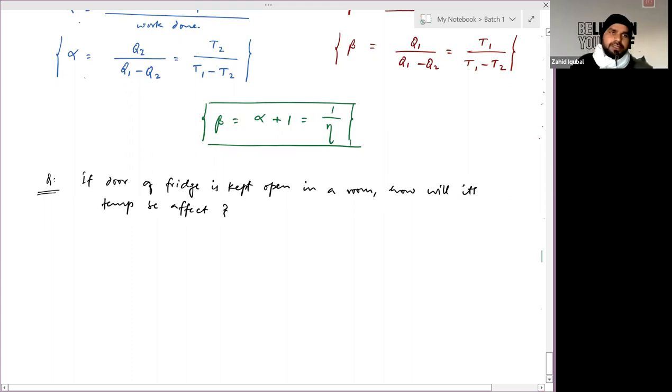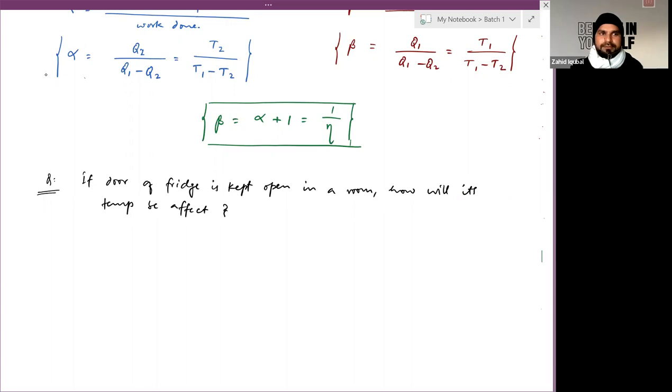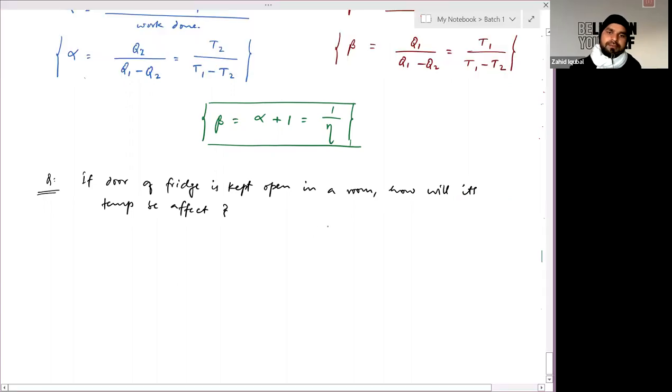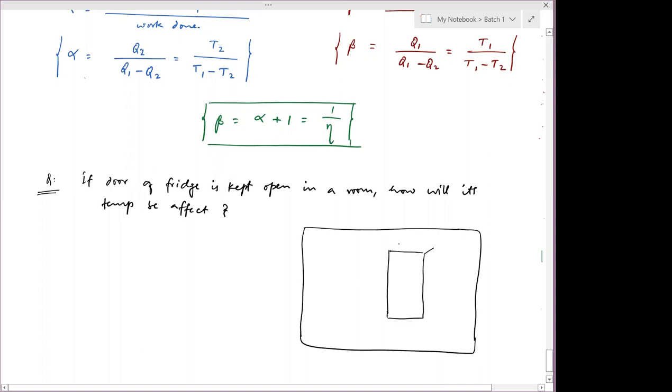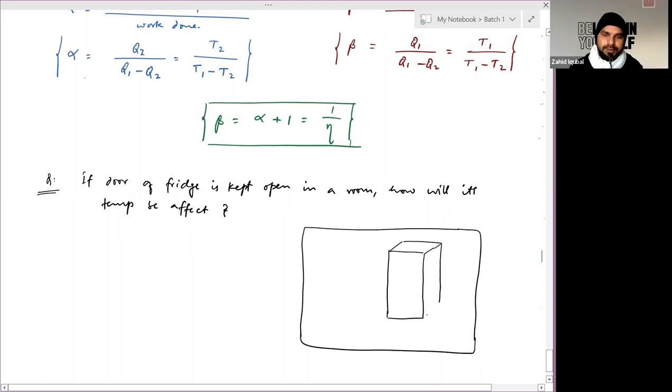Will it increase or decrease? Iba, what will happen? The temperature of the room will increase or decrease? So it will increase. Why?